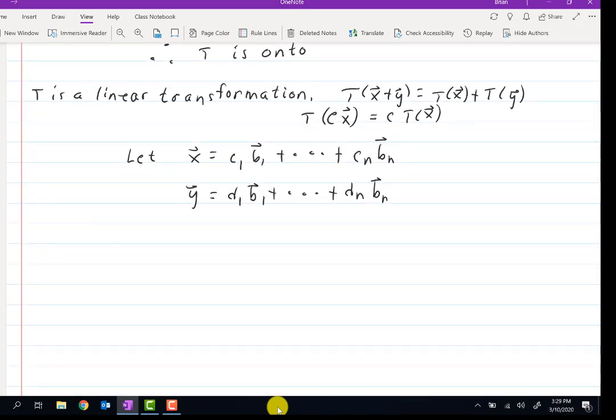And then when I do T of x plus y, that'll be T of c1 b1 plus dot dot dot plus cn bn. So there's the x vector plus the y vector.